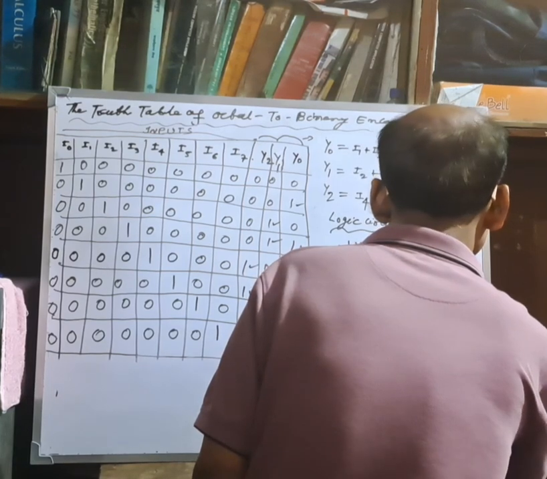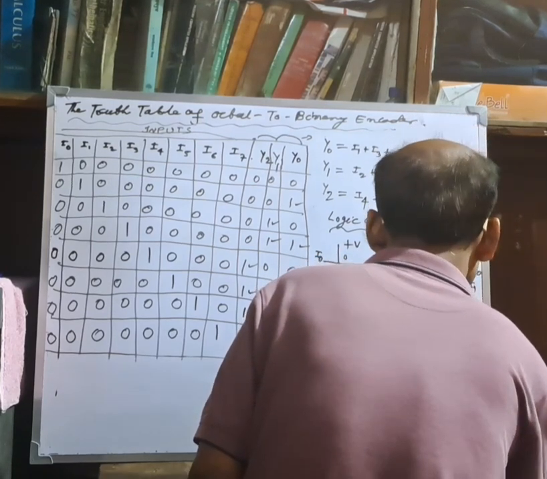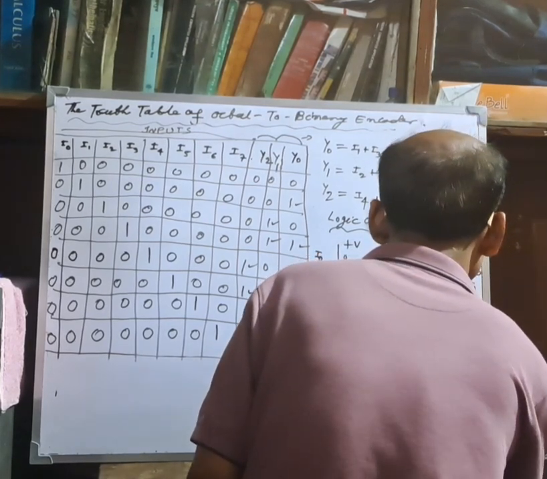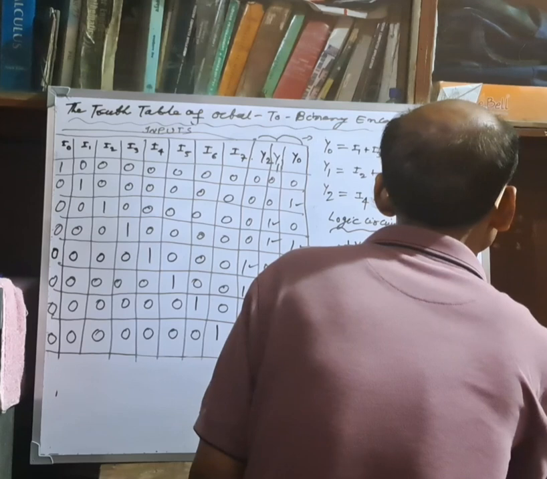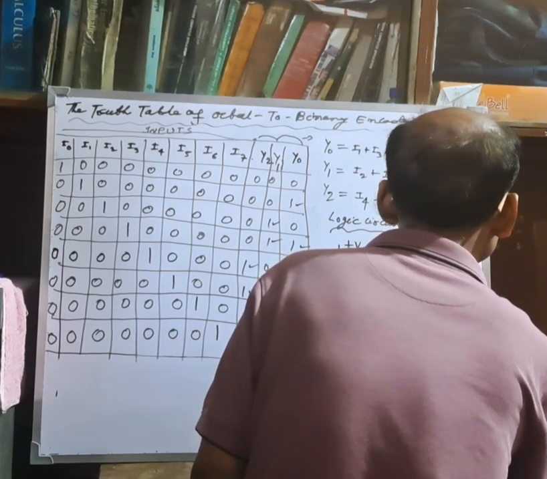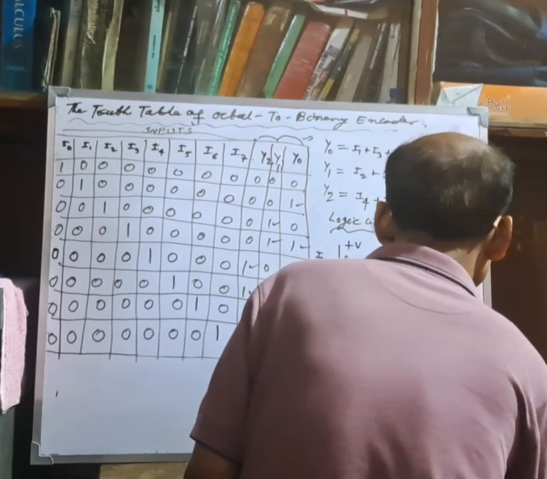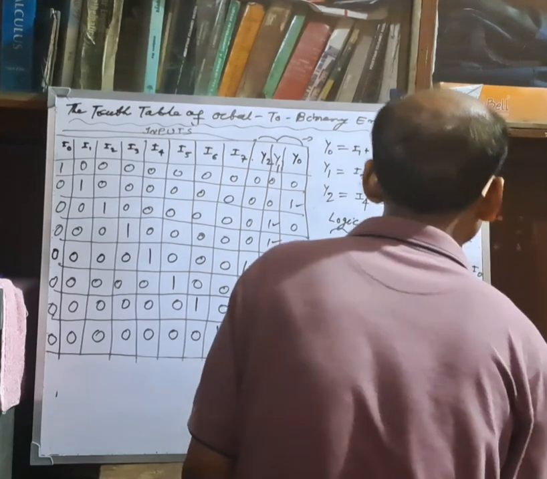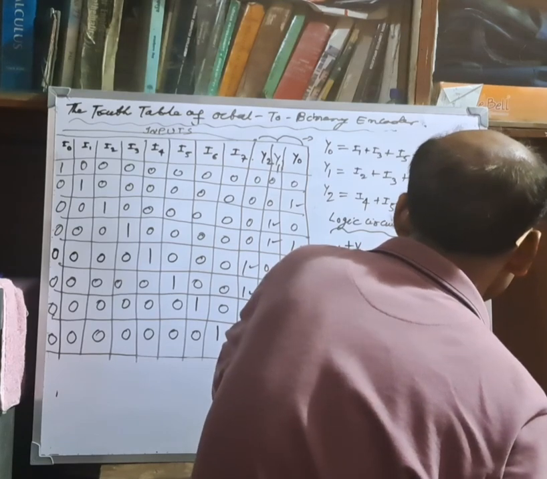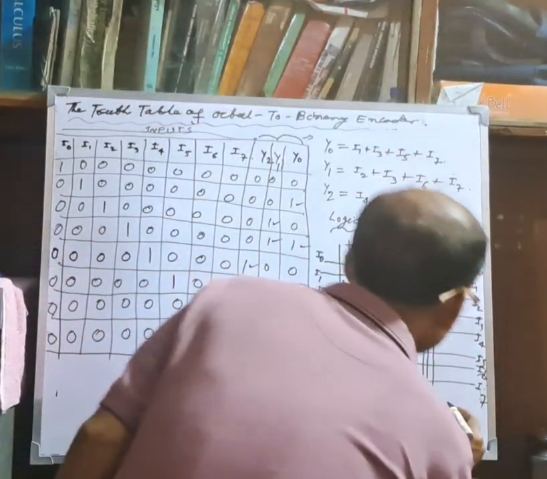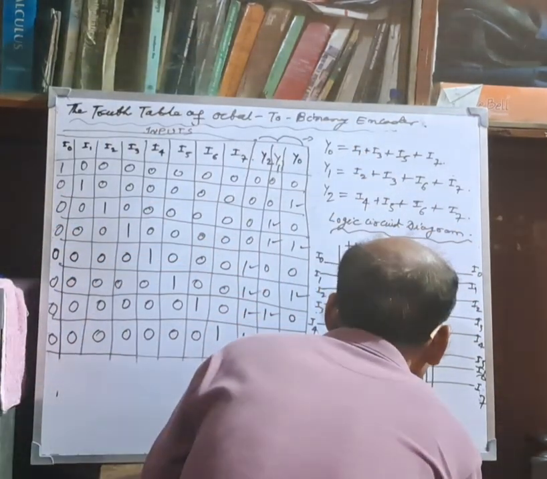This is 1, this is 3, this is 5, and this is 7. Clear? And this becomes your y0. Clear? And you just see next OR gate. I am making it just beside this.